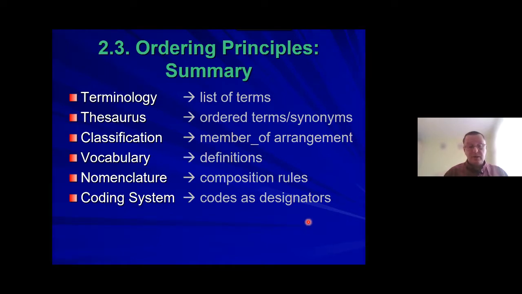Classification gives us membership and arrangement, gives us order for those terms. Vocabulary defines all this, so what this specific term means. Nomenclature could provide composition rules: how we can, if we need to, assemble a complete statement. And the coding system gives us the last point, which is called designators.